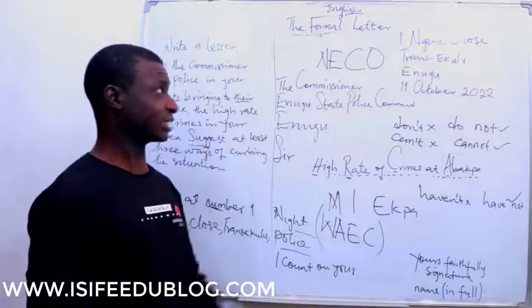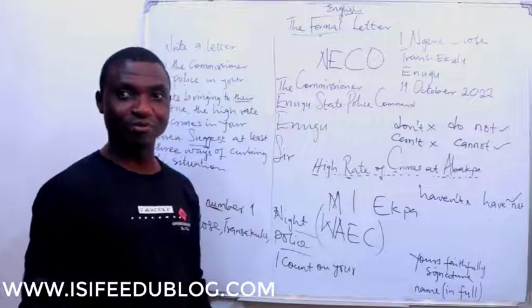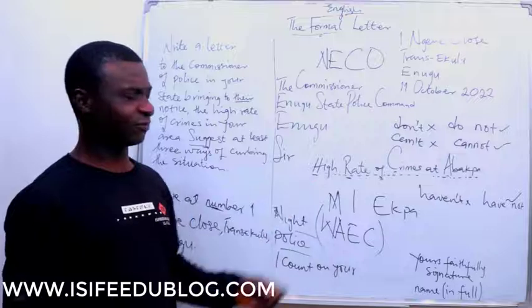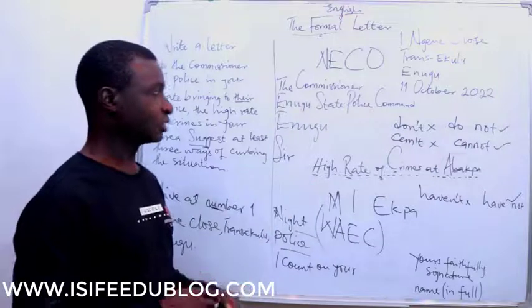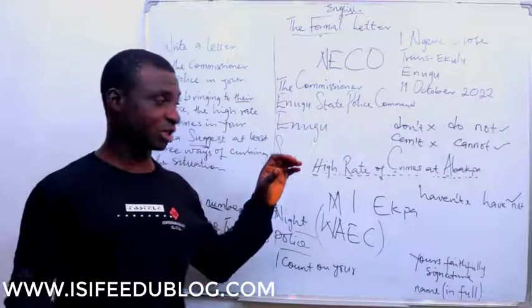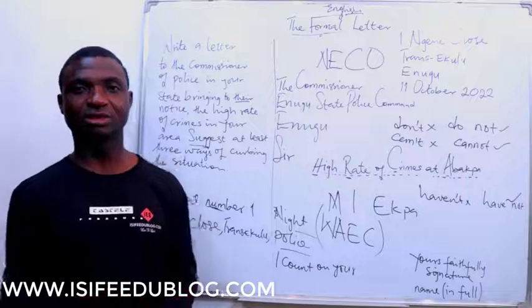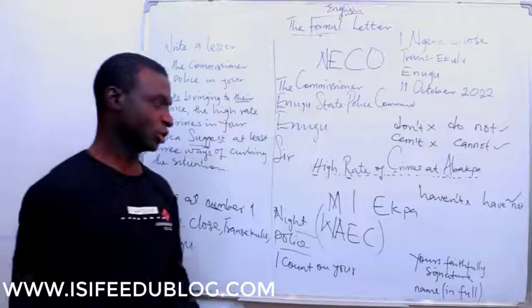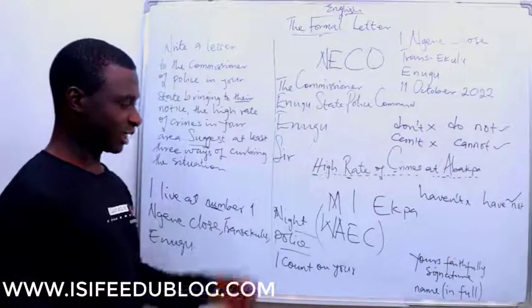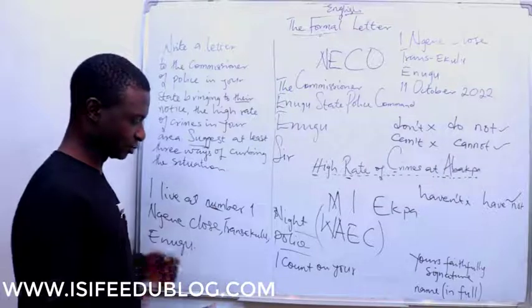Now, Neco is popular for the National Examinations Council, but there is a church that goes by the name Neco. If this be so, then you need to establish your would-be abbreviated name in full so that it is not misunderstood. That's another ingredient of the formal letter, establishing the name in full before the acronym or abbreviation.